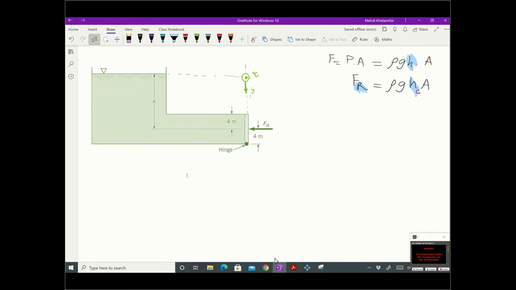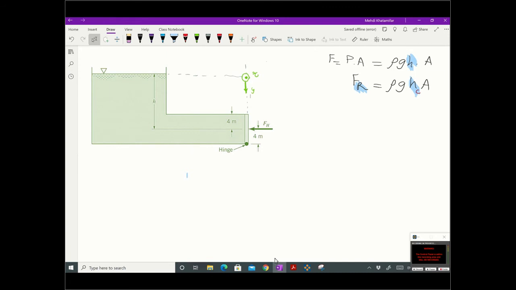So you say h plus 4 minus y bar, because h plus 4 is going to be total distance. And now take out 1. So it's going to be the lower part. Do the summation of moment about h. Let's call this y n, not h.